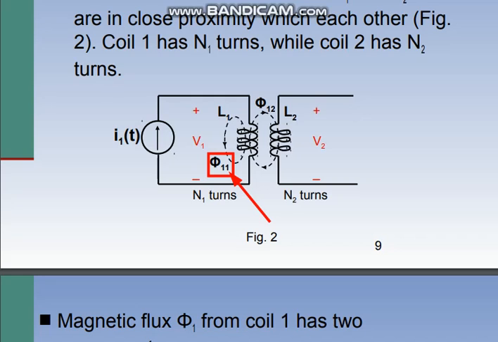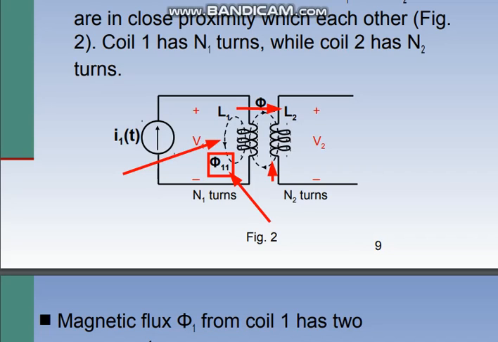For self inductance, the magnetic flux just goes around the first coil, and the magnetic flux caused by L1 that reaches L2 is known as the mutual flux.